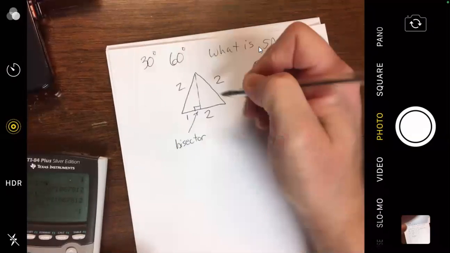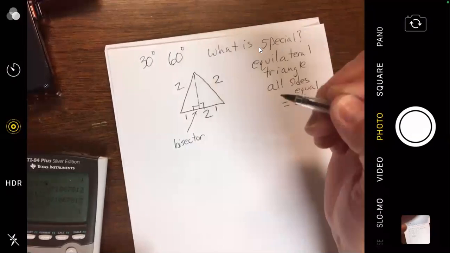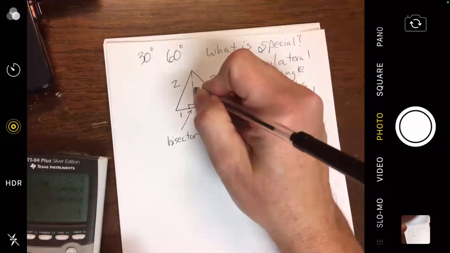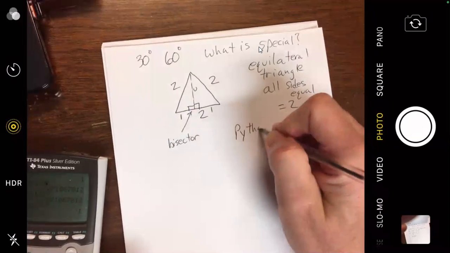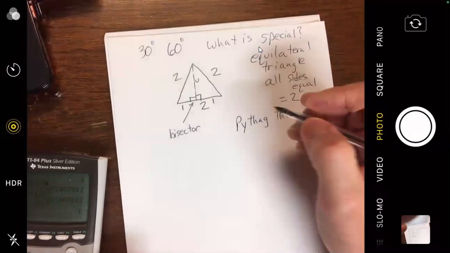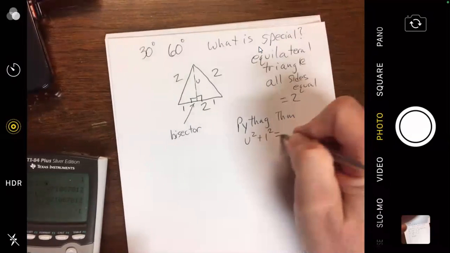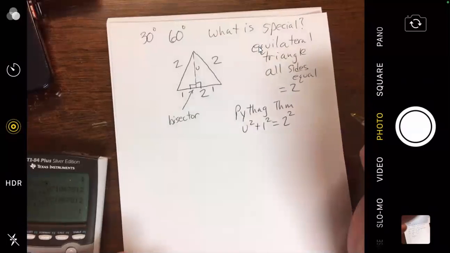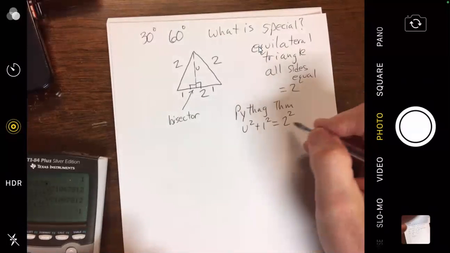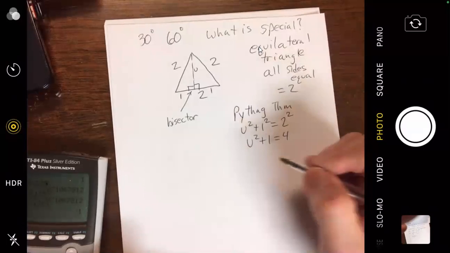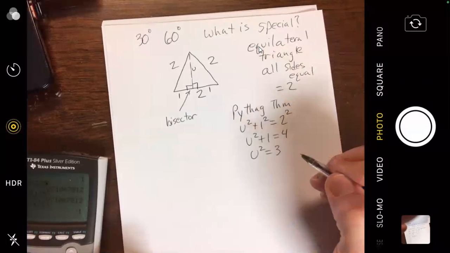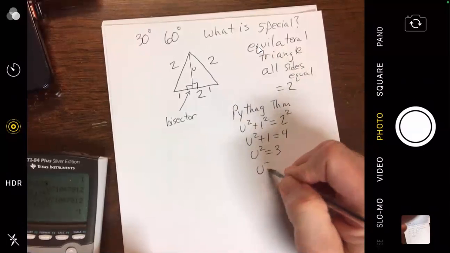That will put a 1 here and a 1 here. Right triangle, we'll call this leg U. Pythagorean theorem. U squared plus 1 squared has to equal 2 squared. Leg squared plus leg squared equals hypotenuse squared. U squared plus 1 equals 4. U squared equals 3. U equals square root of 3. The vertical leg here will be the square root of 3.